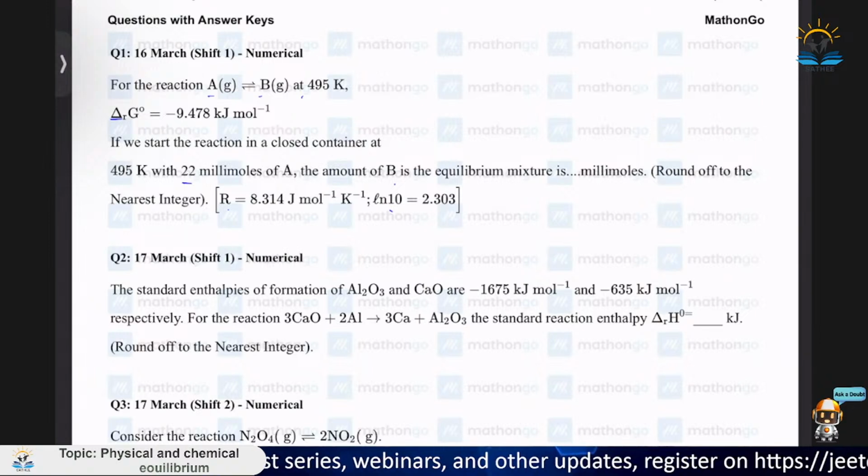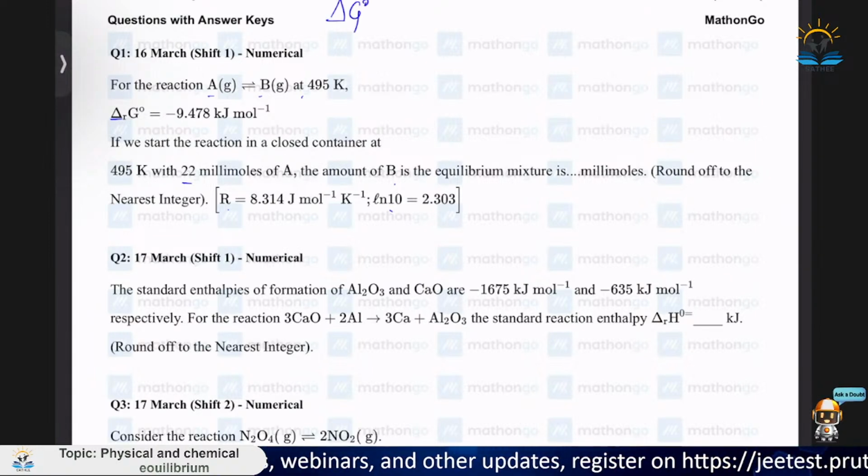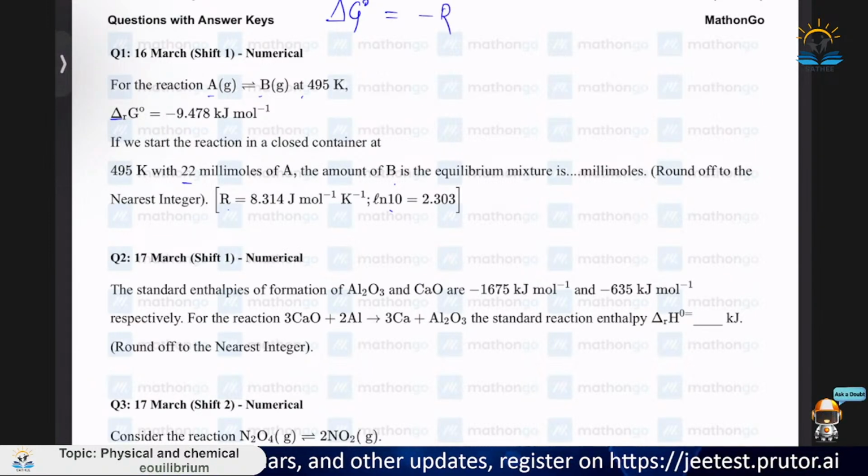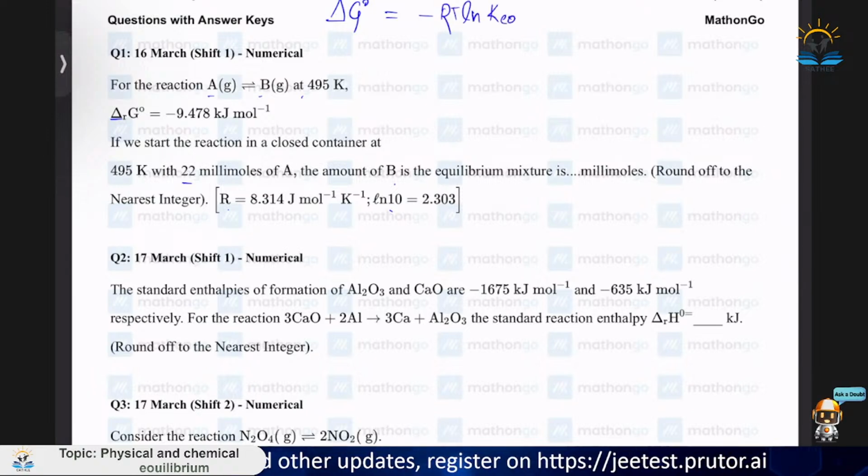So let us start. The equation which we know is delta G naught is equal to minus RT ln K equilibrium, right?